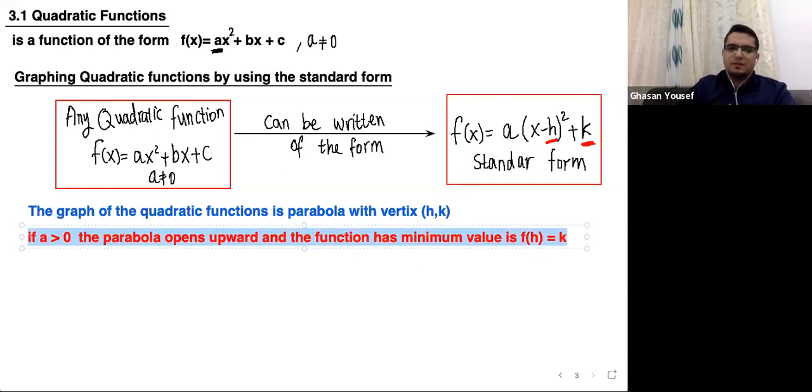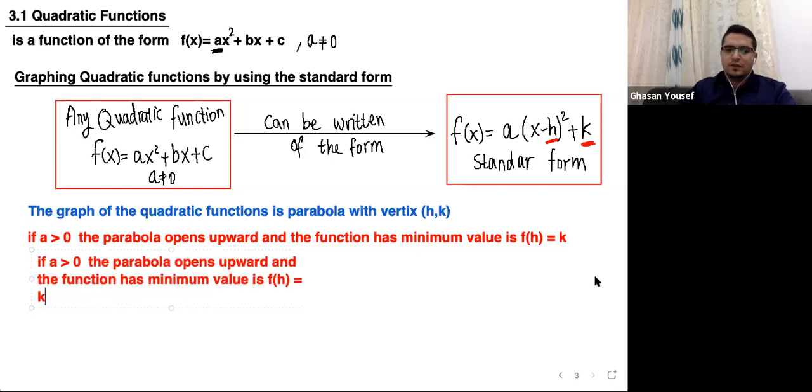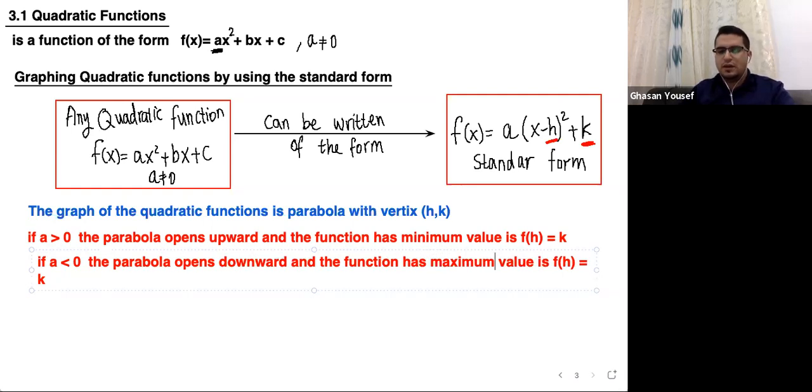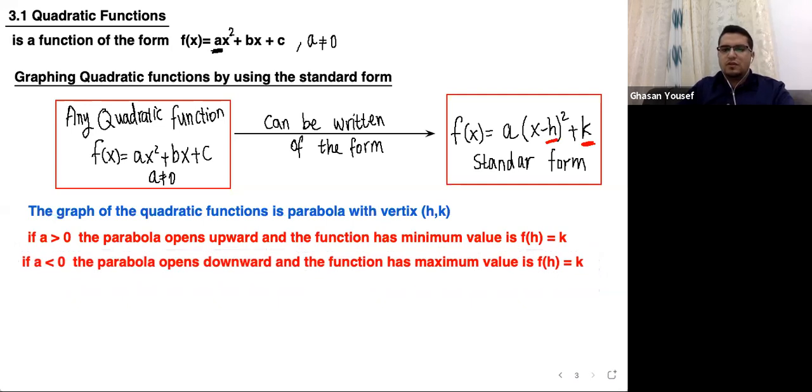At the same time, if this a is a negative number, I mean less than 0, the parabola opens downward, and the function has a maximum value instead of a minimum. The value is f of h equals k. So the function has a maximum value if a is negative.